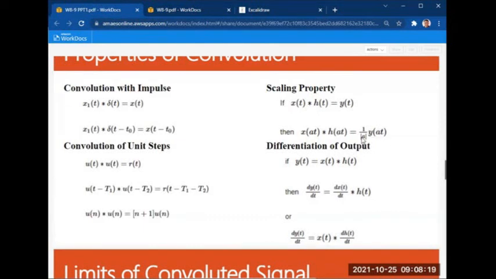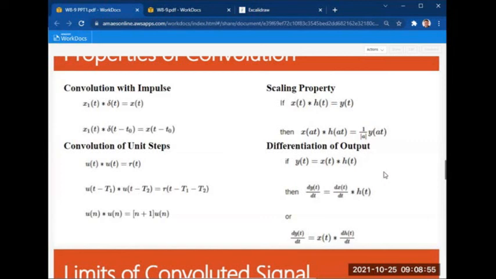So the output signal will also have its time scaled with the same scalar quantity, and its magnitude will be multiplied by 1 over the absolute value of A. So that's for the scaling property. We will not try to prove this for now because we will encounter this later with an example. So we will not go deeper into this one for now.